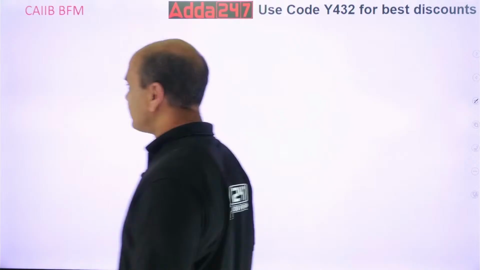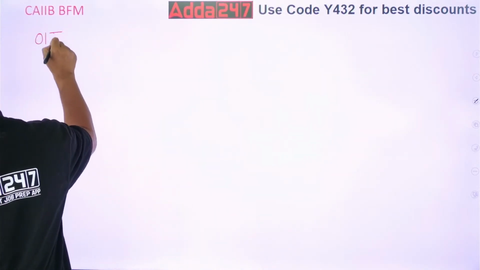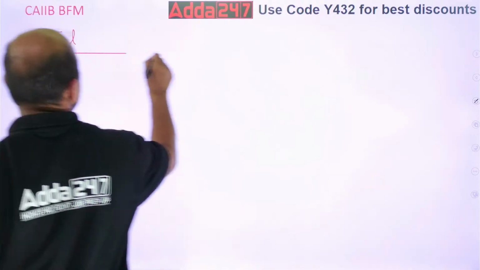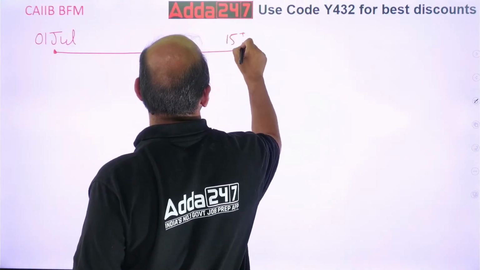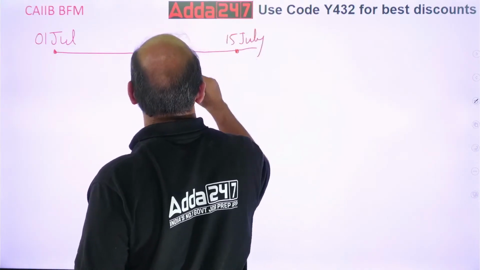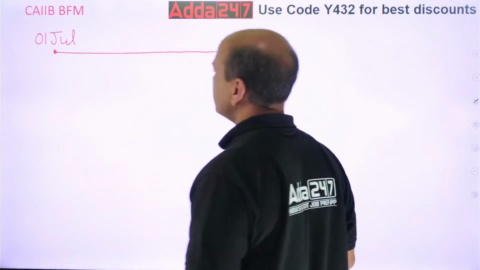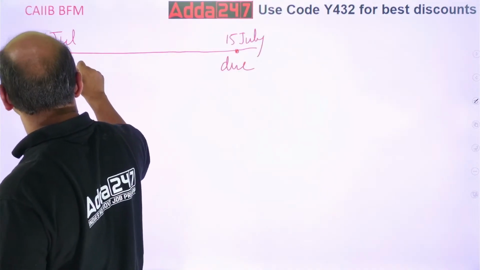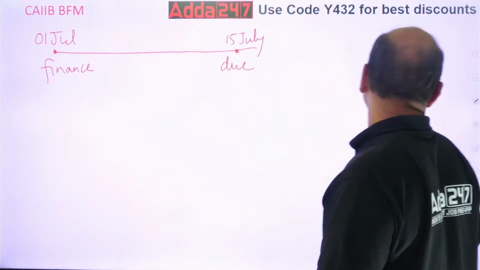See, the bill was purchased on 1st July, which means the bank financed it. When was the due date? 15th July. Finance was done on 1st July, and 15th July was the due date.